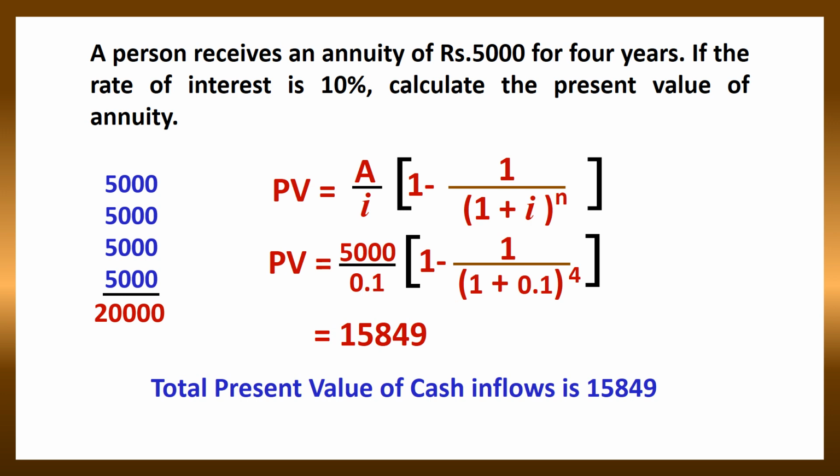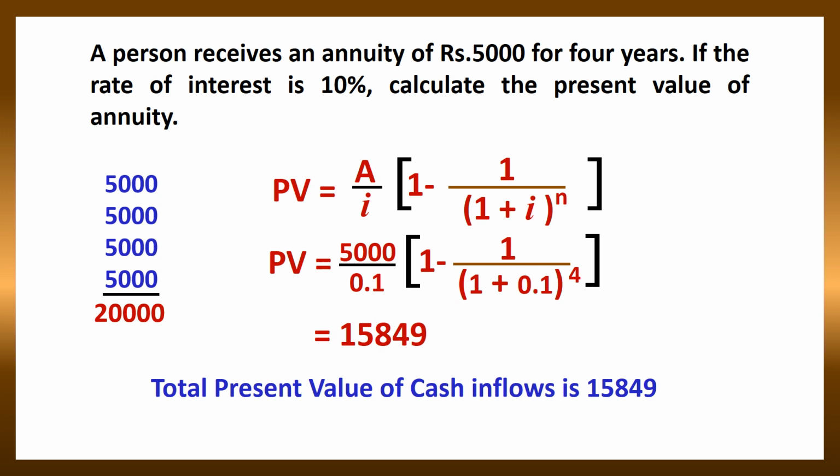So we have calculated the present value of all these 5,000s and we got it as 15,849. That means even though the person actually receives 20,000, the value of that 20,000 is only 15,849 for him.